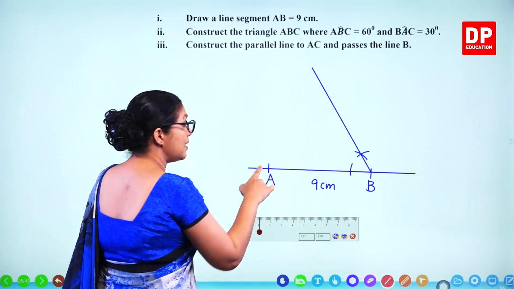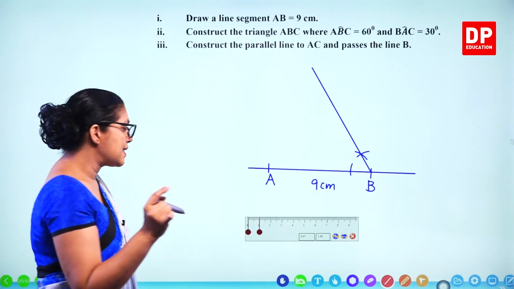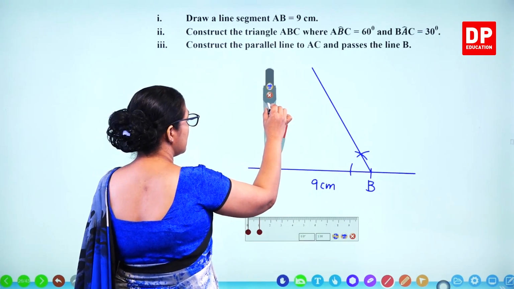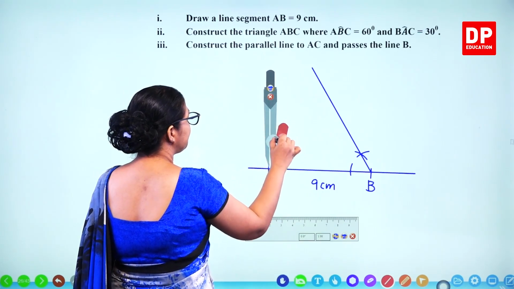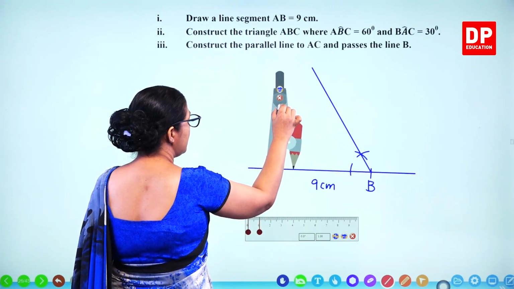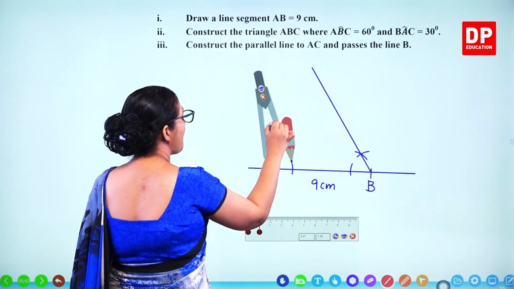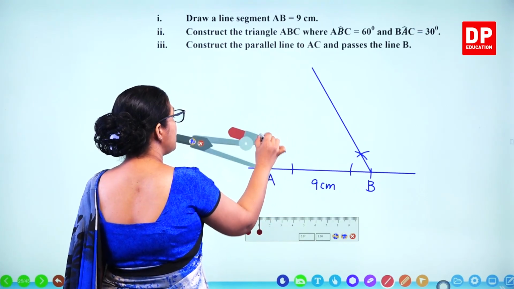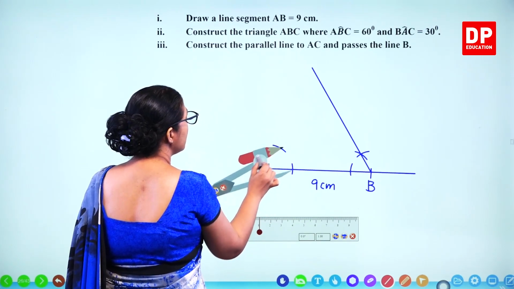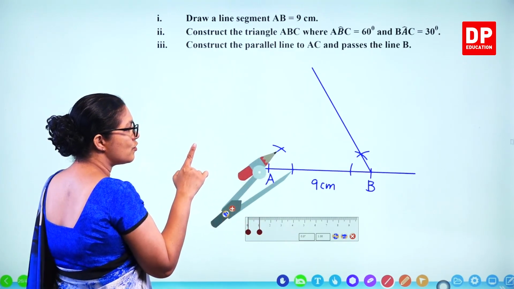Angle BAC is 30. How do you construct 30? Draw 60 and bisect the 60-degree angle. So we can do that here. First we construct a 60-degree angle and then bisect it. Again, take the same distance, use the property of an equilateral triangle, and you can draw 60. But you don't need to draw it.